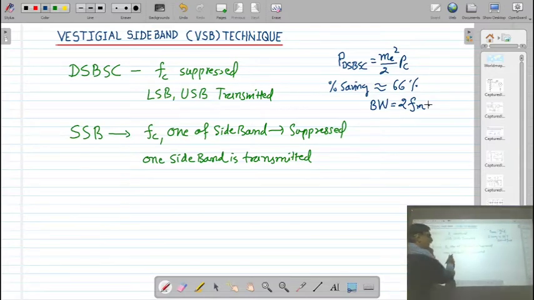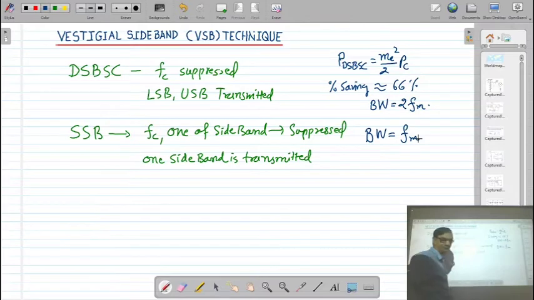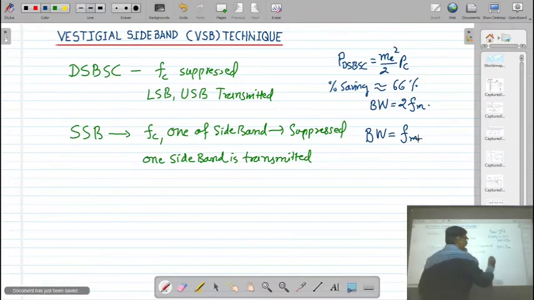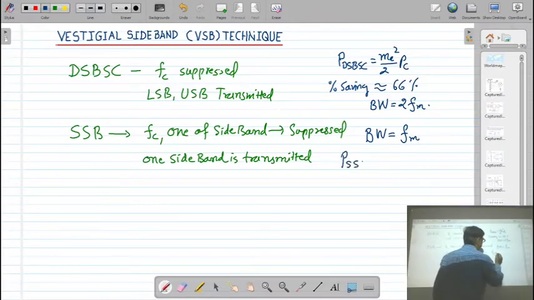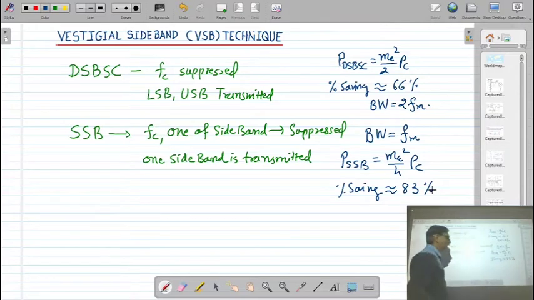So in this case, if you calculate the bandwidth, then the bandwidth comes out to be only FM. If we see the power of the SSB, then it is Ma squared by 4 into Pc, and the saving of the power that we have calculated is almost 83%. So in the SSB technique, the bandwidth is reduced and the saving of the power is also more.